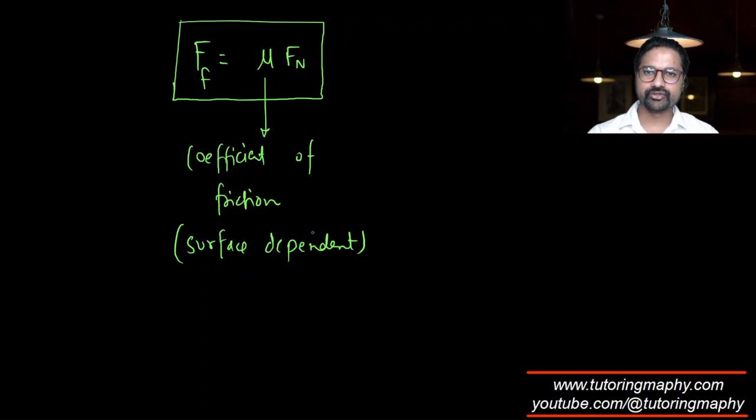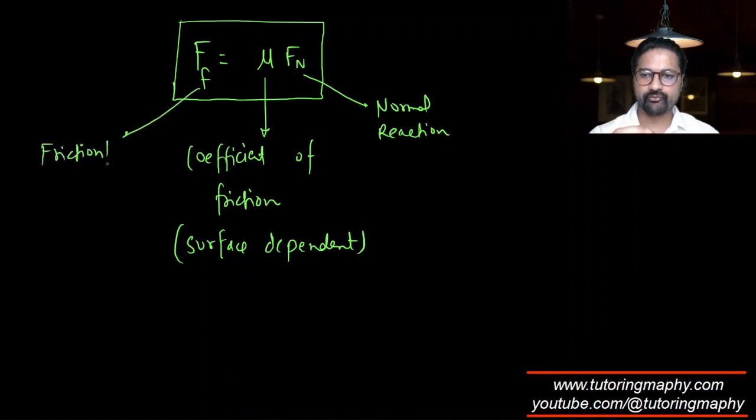Block is on stone marble, that is the mu. Or a very smooth surface with bearings, this is the mu. So this mu is the coefficient of friction, whose value will be given in the question, and Fn is, of course, the normal reaction.